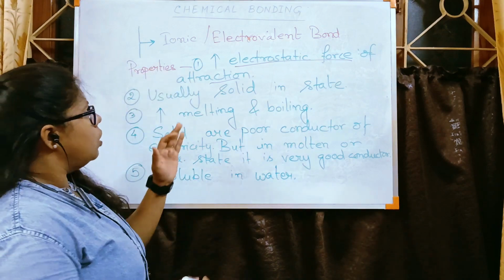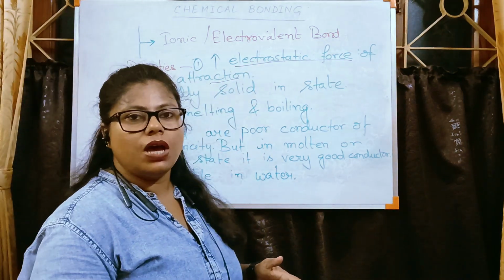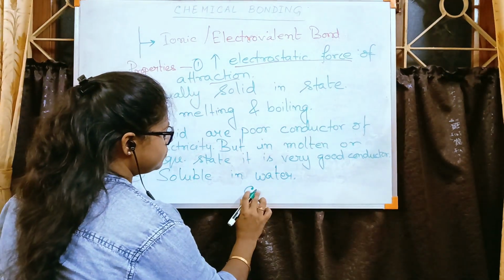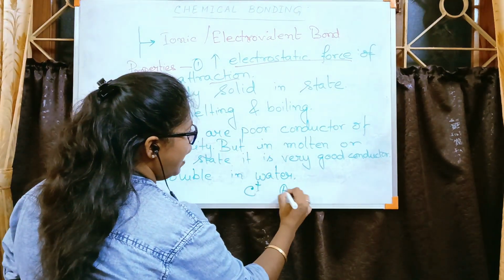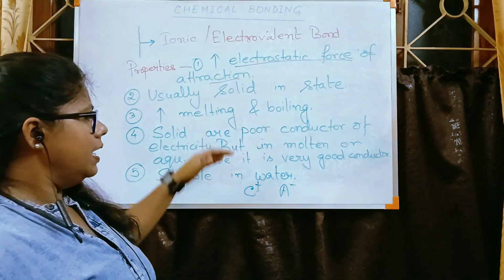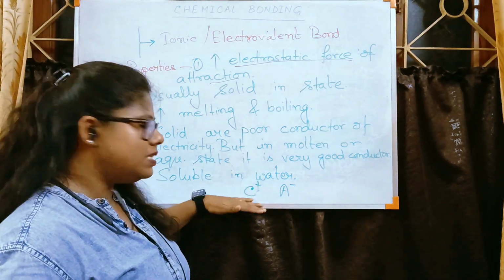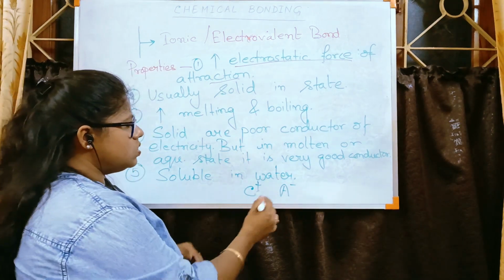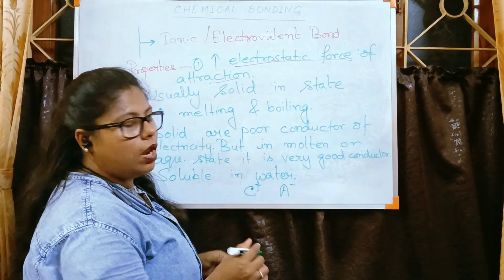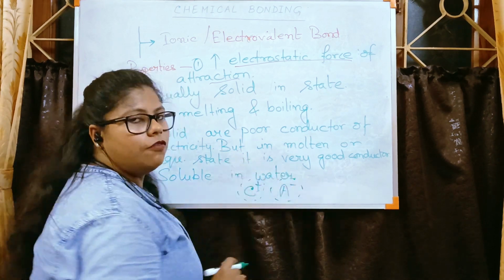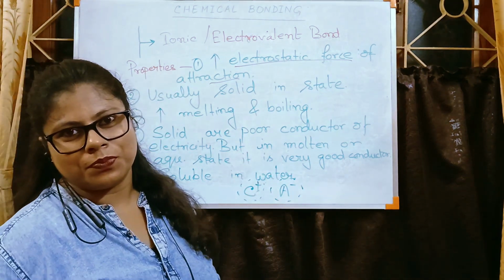But okay, when an ionic compound dissociates, it will have its cation and an anion. Now when it is inside water, when the ions are being dissociated, water being polar completely surrounds them and makes it fully soluble.